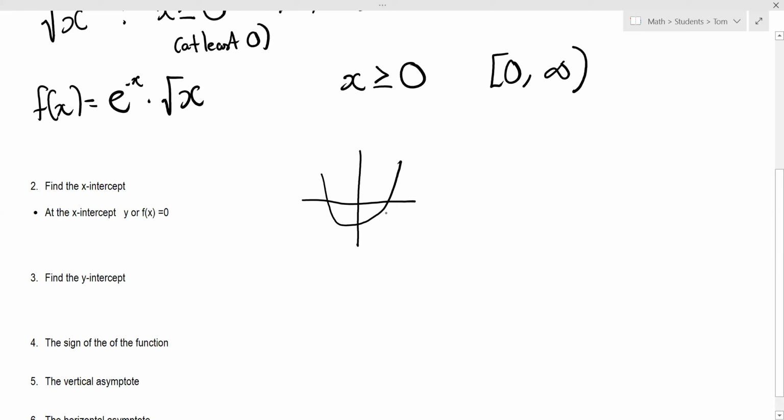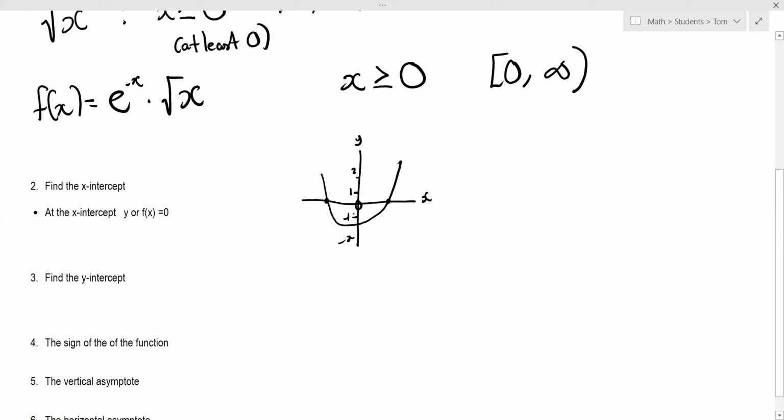Now, the x-intercept is where the line crosses the x-axis. We have the x-axis and the y-axis. We can hit here and here. So we see that at this x-intercept, y is equal to 0. Let's say this is 1, 2, this is -1, -2.